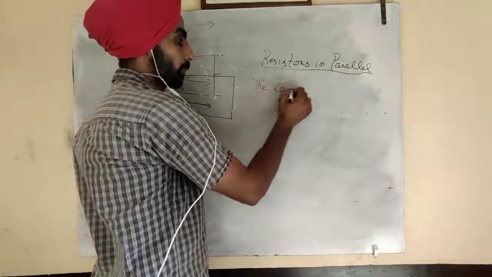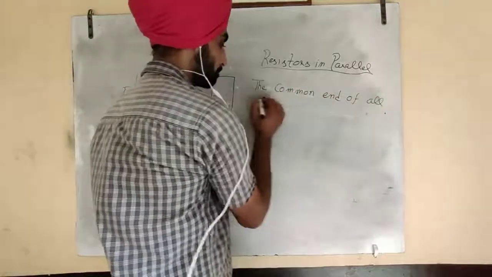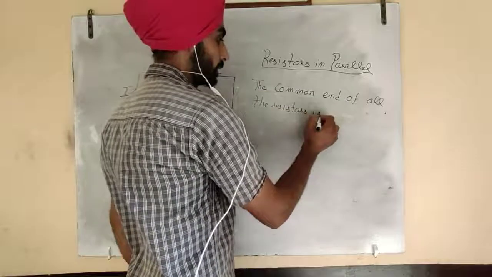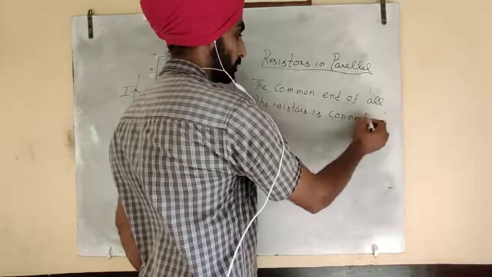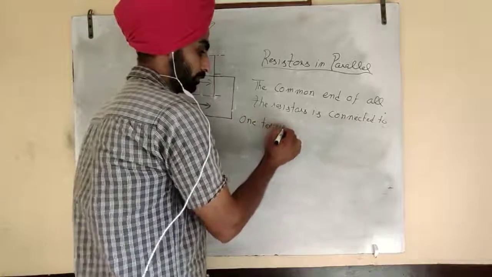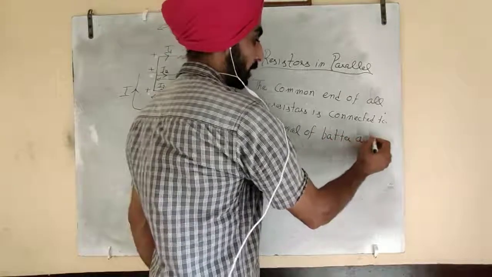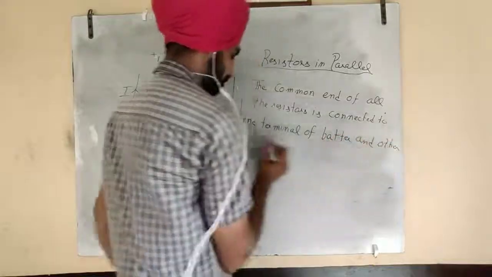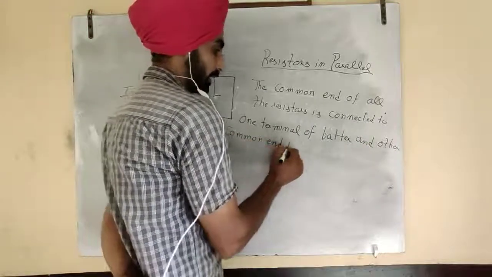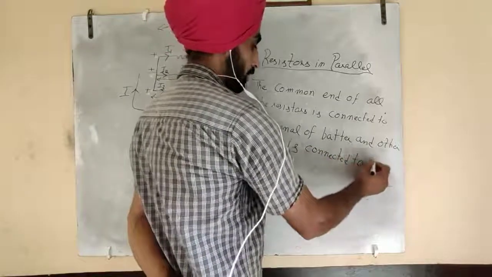The common end of all the resistors is connected to one terminal of a battery, and the other common end is connected to another terminal of the battery.